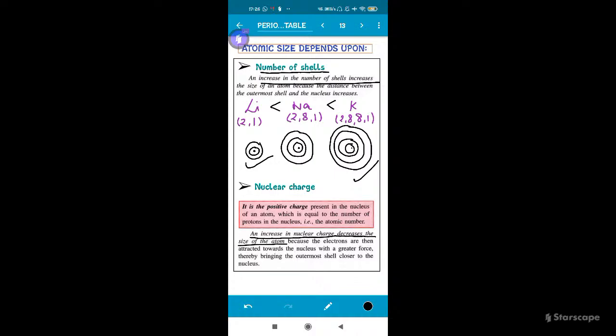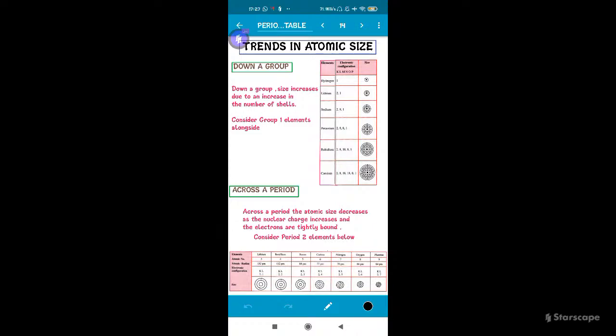I'm very sorry, more the nuclear charge, the electrons will be very close and the size of the atom will be quite small. So these are the two concepts which you have to remember for understanding any periodic property: size of the atom and the nuclear charge. Very, very important. So let's move on to the next topic.